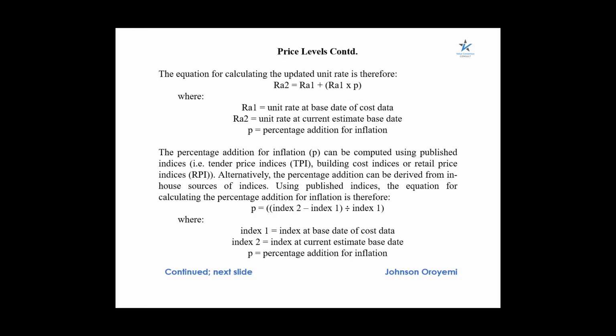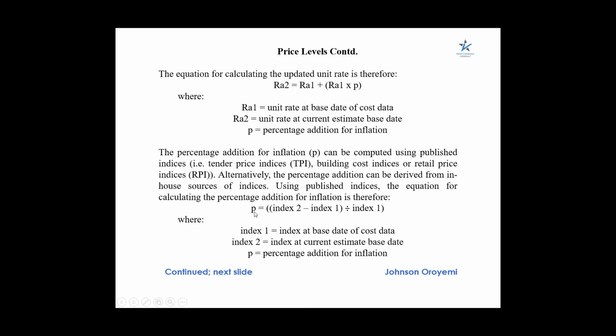So you can have an index done in-house, maybe by a particular company based on the projects they have carried out in time past. If you have such, you can use this formula in arriving at your percentage addition for inflation. And if you are using published indices, you can as well use this same equation.